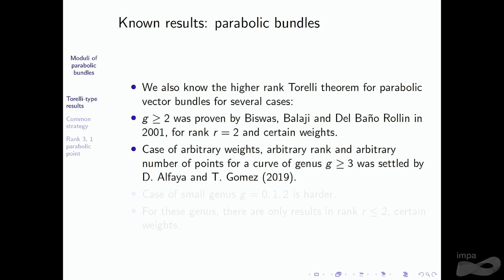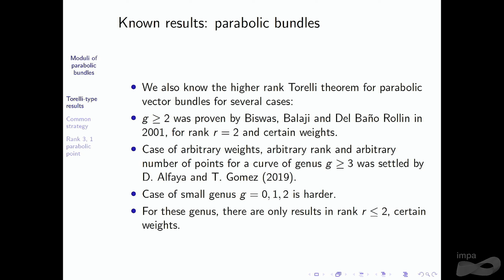So this is quite a nice result. It shows it for any rank, any set of weights, any number of points, and so it more or less settles the question. But genus 0, 1, and 2 is harder, okay? Although we do have some cases there as well.